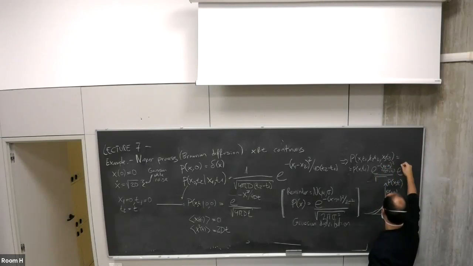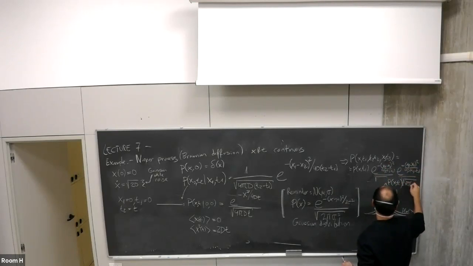And then another Gaussian with x3 minus x2 squared over 4D (t3 minus t2), with the square root of 4 pi D (t3 minus t2).